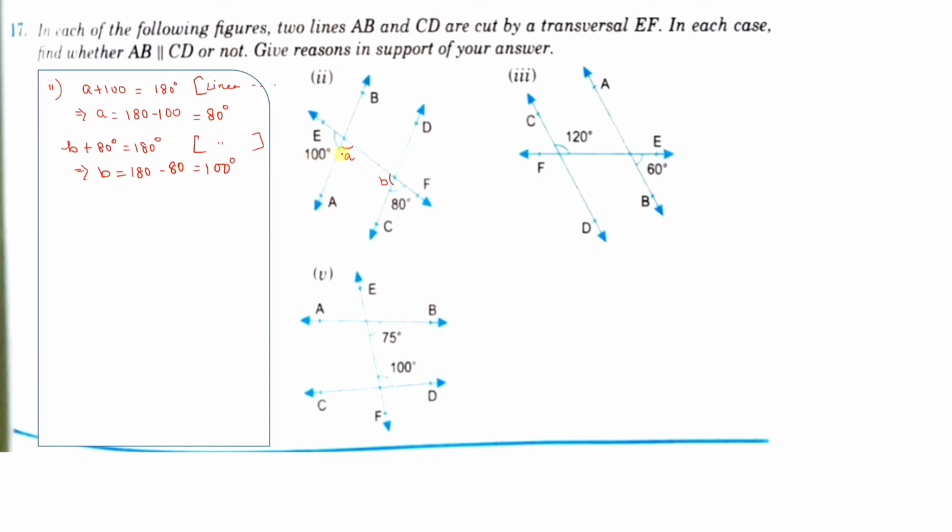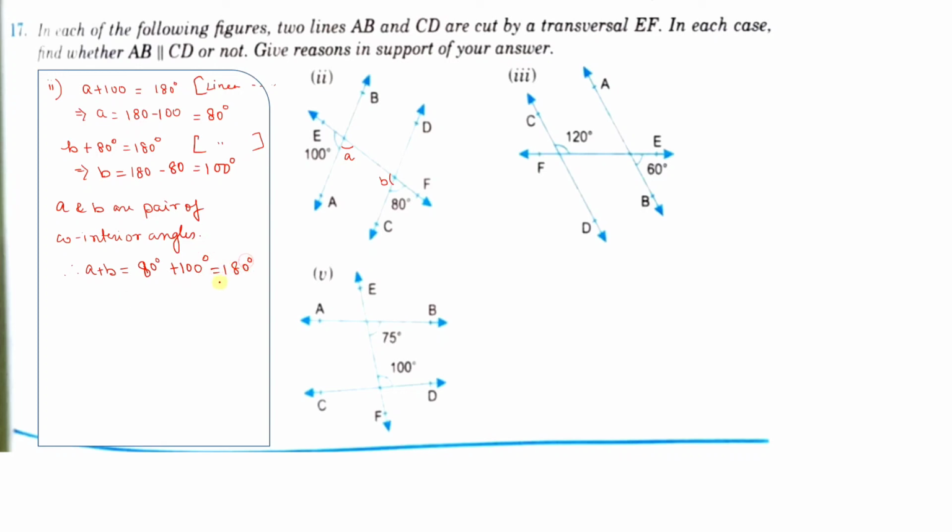Next, A and B are co-interior angles. So write down A and B are a pair of co-interior angles. Therefore, A plus B is equal to, A is what? A is 80 plus B is 100 degree and you are getting 180 degree.